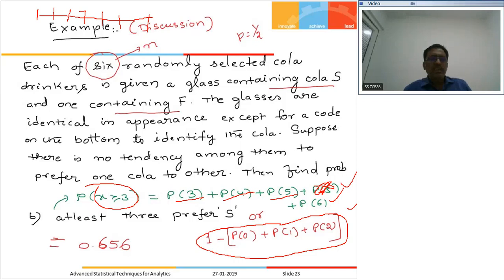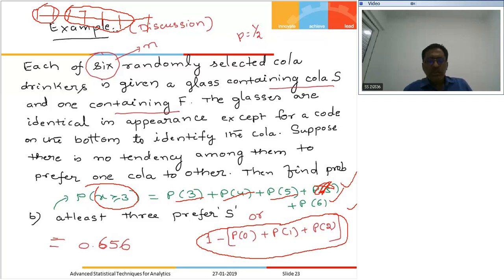That means 3, 4, 5, 6. This is the probability we want. One way is the probability of 3 plus probability of 4 plus 5 plus 6, like this we can find. Because we know the total probability is 1.